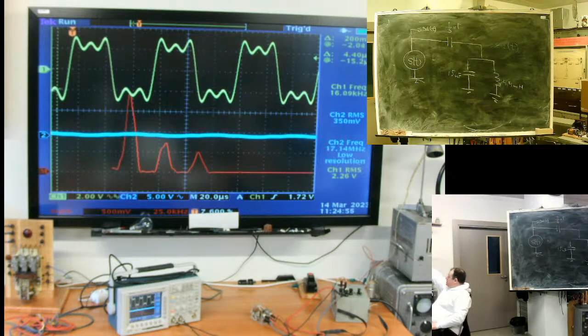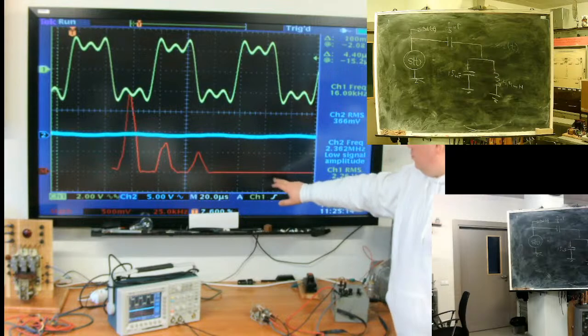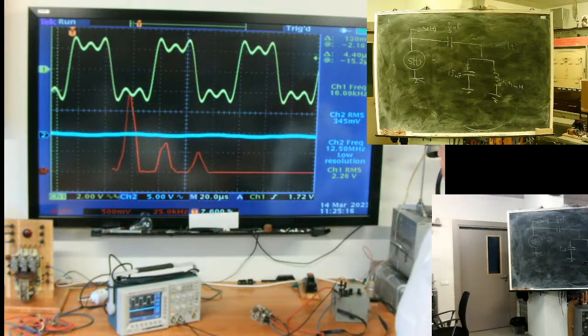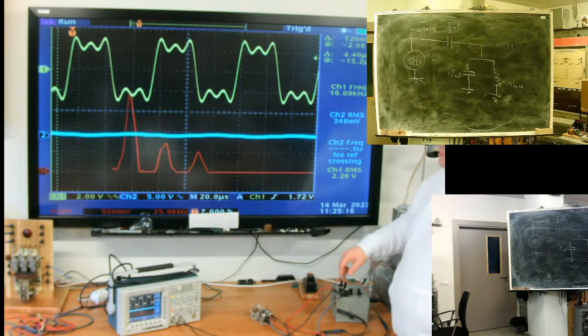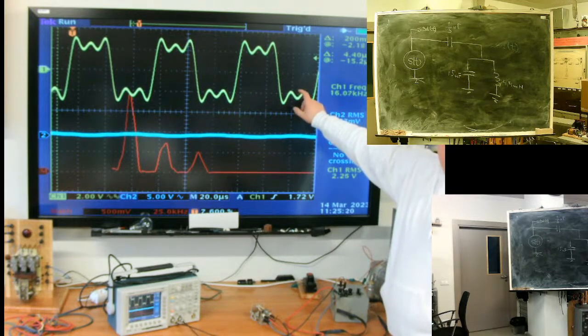Yellow is the signal at the input, blue is the signal at the output, and the red one is the Fourier transform result of the yellow line. The red one is the result of the Fourier transform of this.